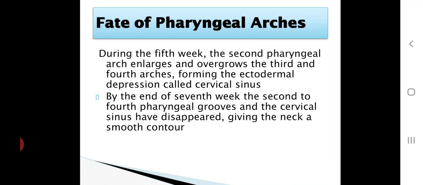The second pharyngeal arch enlarges and overgrows the third and fourth arches, so that it covers all these clefts. The gap between the clefts and this overgrowth will be called the cervical sinus. By the end of the 7th week, all these grooves have disappeared, giving the neck a smooth contour.